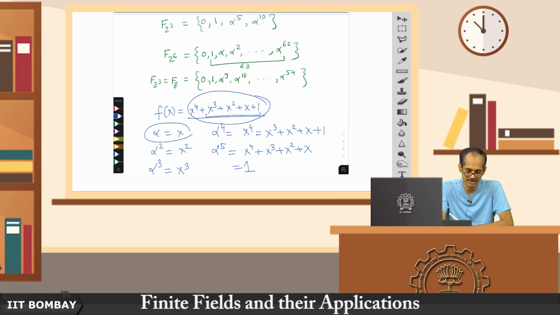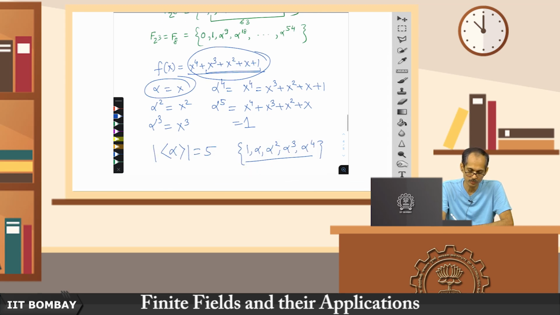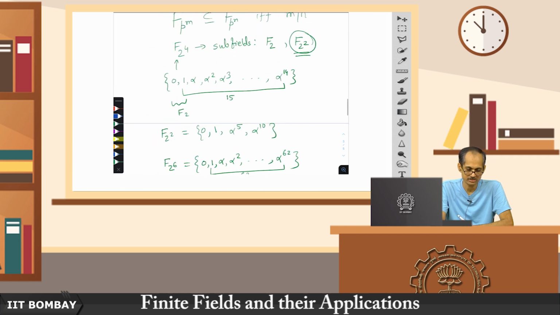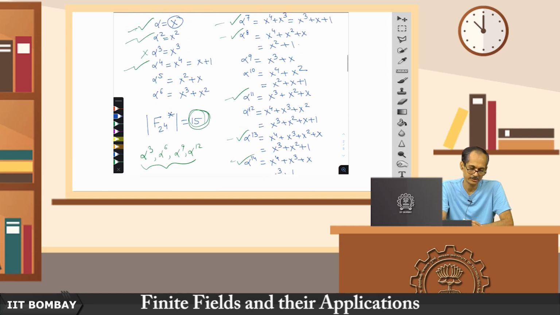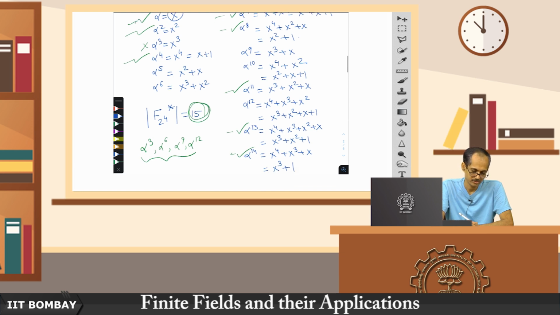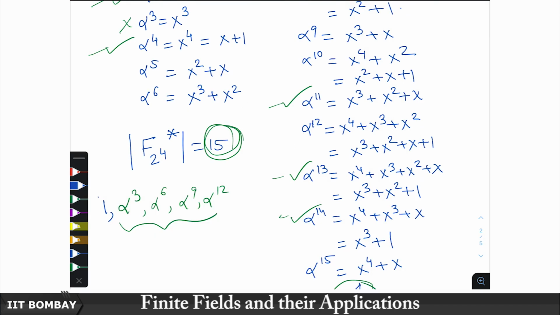In fact, the subgroup of order 5 in the previous representation was exactly the powers of alpha power 3, because alpha power 3, alpha power 6, alpha power 9, alpha power 12 and 1 form the subgroup of order 5 of the multiplicative group.